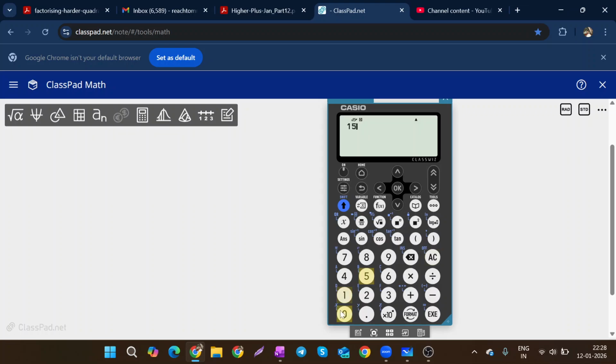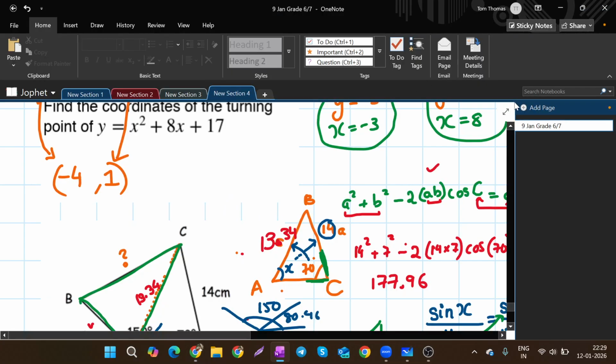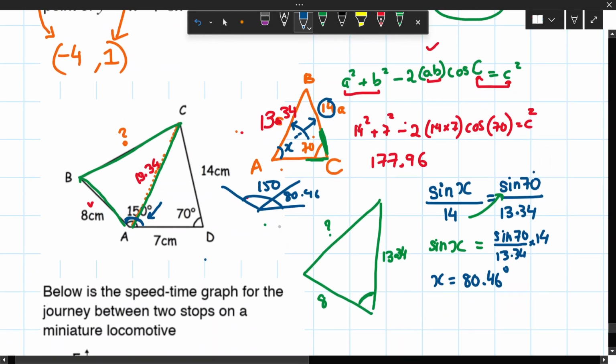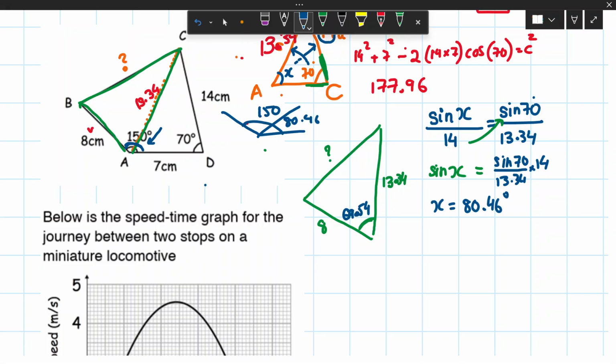So 150 take away 80.46, and that is, change that to decimal, 69.54. So the angle that we were interested in is 69.54, which is this little angle here.